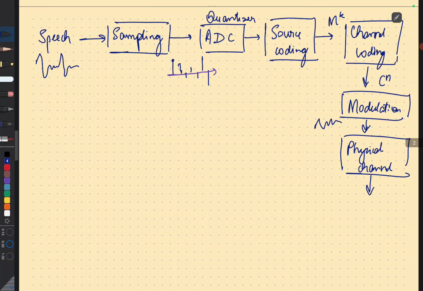So the output of the channel goes into the receiver, which is another cell phone maybe, or a base station, and the base station typically takes the physical signal, which is a continuous time signal, and now this is demodulated.